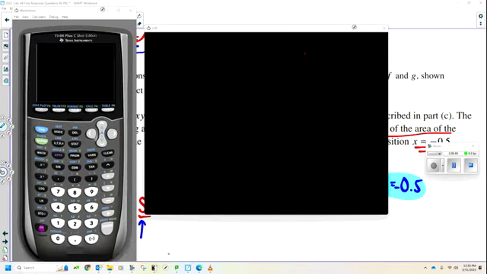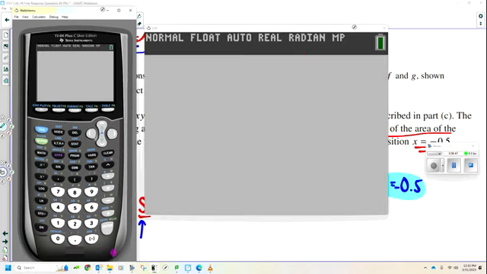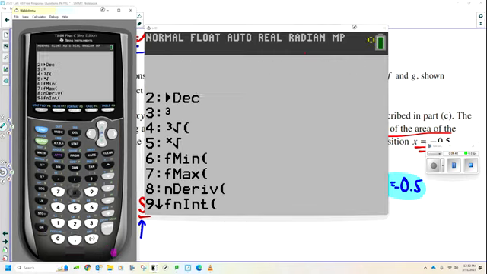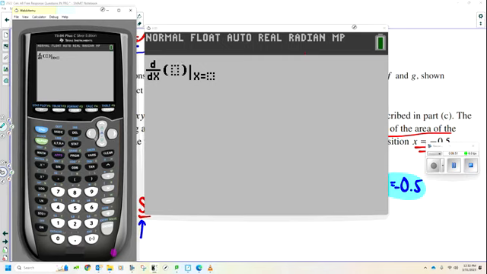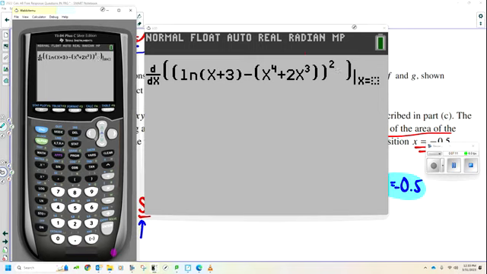Let's go to Math 8. I'm going to take the derivative of the side squared. It's the ln of x plus 3 minus x to the fourth plus 2x cubed, and that whole thing is squared, because it's a side squared.